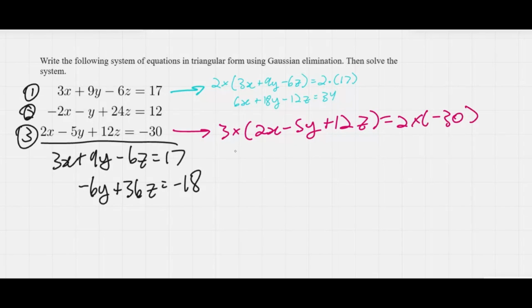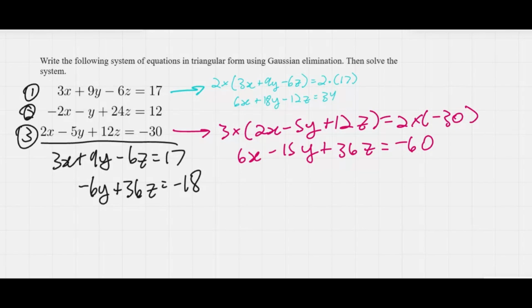Well, what does that look like in practice? Yet again, that's going to be 6x minus 15y plus 36z is equal to negative 60. So what can we do from here? Well, we can actually subtract 3 times the third equation from 2 times the first equation, and in doing so, we can actually eliminate those two x's yet again.